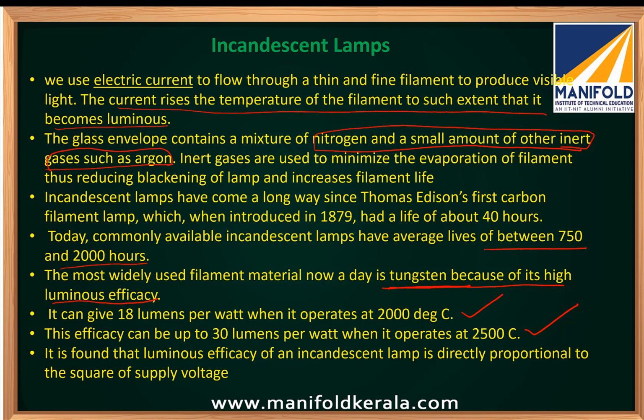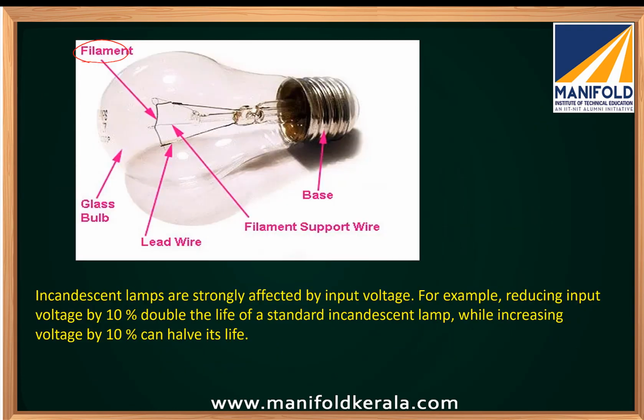The most widely used filament material is tungsten, and it has a luminous efficacy of 18 lumens per watt at 2000 degrees centigrade and 30 lumens per watt when operating at 2500 degrees centigrade. Understand? The luminous efficacy of an incandescent lamp is directly proportional to the square of voltage.